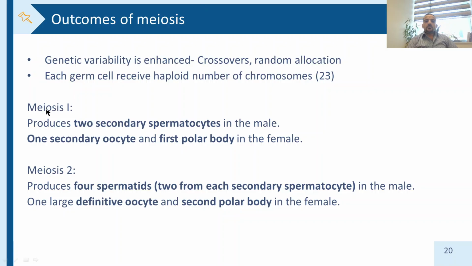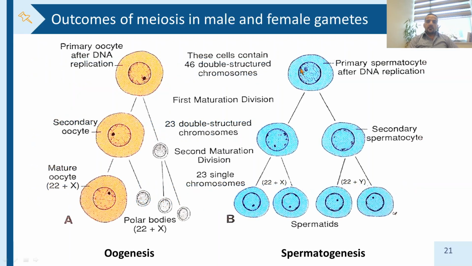The result of meiosis 1 will give us 2 secondary spermatocytes، بينما بالفيميل ينطينا 1 secondary oocyte and the first polar body. بعدها يتبع المايوسيس 2 then ال 2 secondary spermatocytes each ينطينا 2 spermatids، فالريزلتس هي 4 spermatids. بال second meiotic division the female will give us the mature oocyte, the definitive oocyte and the second polar body، وهذا موضح هنا. عندنا primary spermatocyte، قلنا first meiotic division ينطينا 2 secondary spermatocytes، والsecond meiotic division ينطينا 4 spermatids يعني 4 cells. بينما بالبرايمري oocyte يصير unequal cytoplasmic division.